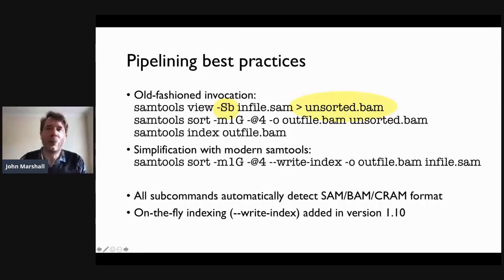I also call out this little bit of shell redirection here. I always recommend using -O options. That's an option built into Samtools to redirect the output, like that -O outfile.bam down there. That's always, I think, a better idea where it's available than doing a shell redirection like this. The primary reason is that if you are wrapping your scripts in nohup or in some Slurm or LSF or other job submission facility, there's a risk with that redirection that you'll accidentally pull in the error stream as well.